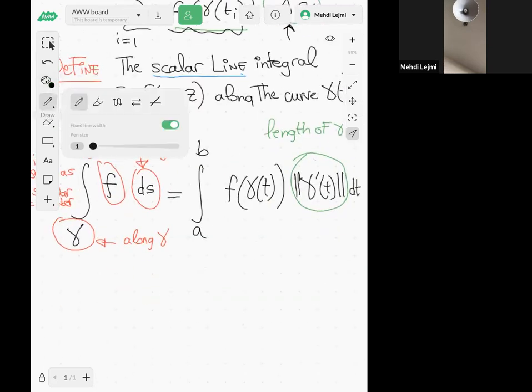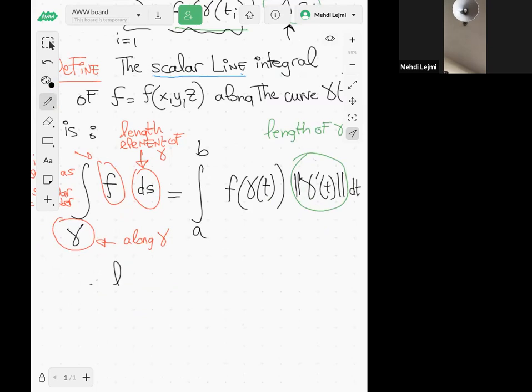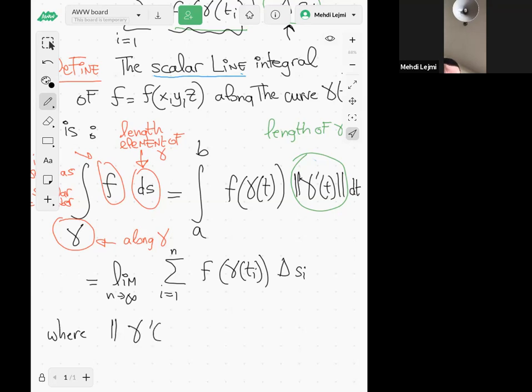This is supposed to be equal to the limit, of course, as n goes to infinity of my Riemann sum, i going from 1 to n, of f of gamma of t_i times delta s_i, where the length of gamma prime of t is the square root of x prime of t squared plus y prime of t squared plus z prime of t squared.